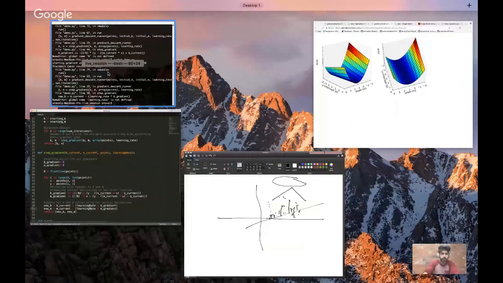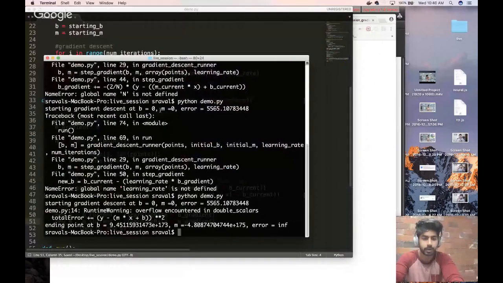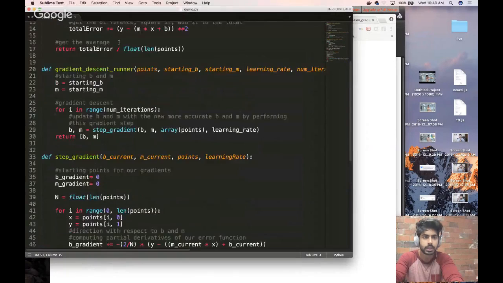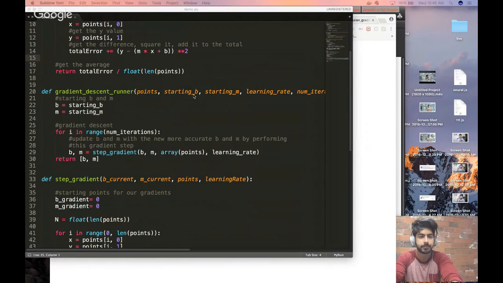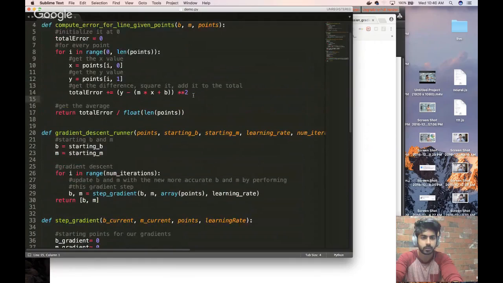Okay, what else is bad? I got an overflow for double scalars. Line 14. Total error. Y minus. Typo, learning rate, total error. Okay, so what's going on here?